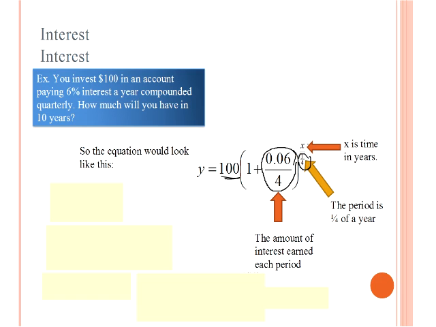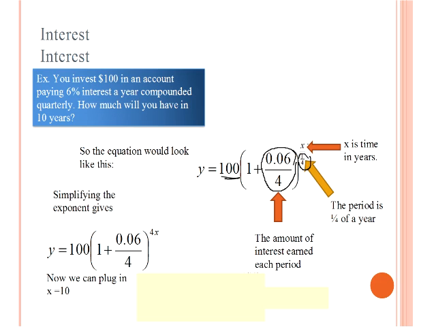So 1 quarter is the period. Now we can simplify that exponent by flipping the multiplying, and we get 4x. Then we can plug in x equals 10, and the calculator gives us 181.4. So $181.40 is what we have.